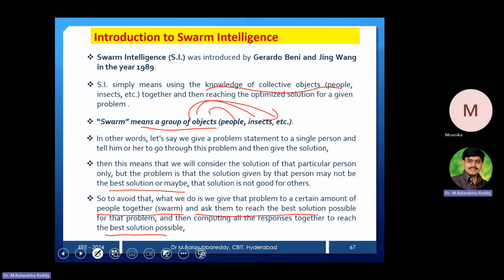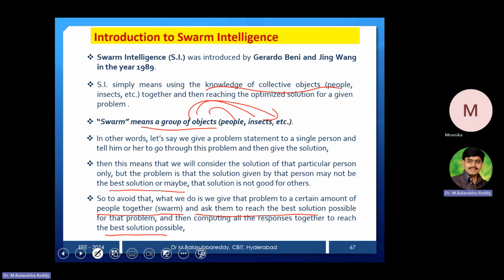What we can do is, there is a problem. It may be a real world problem or a societal problem or anything, a complex or complicated problem. If I ask one person to solve it, that may not be the best solution.